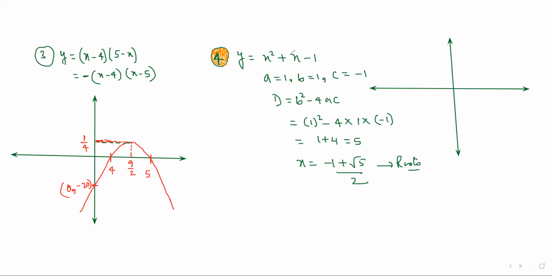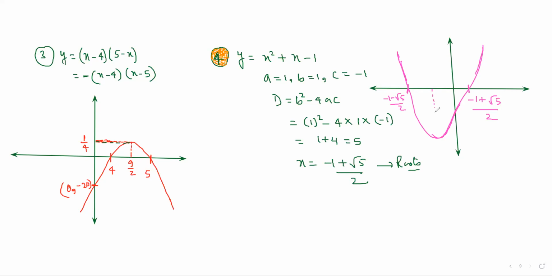Draw the curve on the xy axis. Better, no need for any explanation, I'm just drawing the graph fast. This is minus 1 minus root 5 by 2. This is minus 1 plus root 5 by 2.